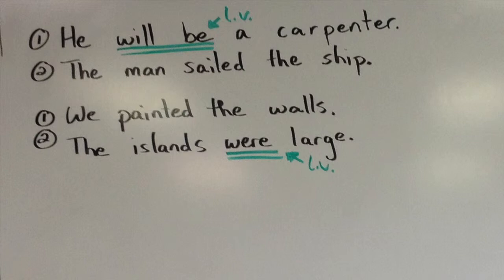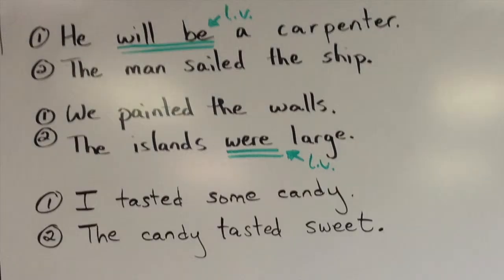Now I'm going to give you two sentences which will probably be more difficult. The two sentences which I'd like you to write down are, I tasted some candy, and the candy tasted sweet. Once you've written these down, pause for a moment and figure out which verb, the first tasted or the second tasted, is a linking verb.